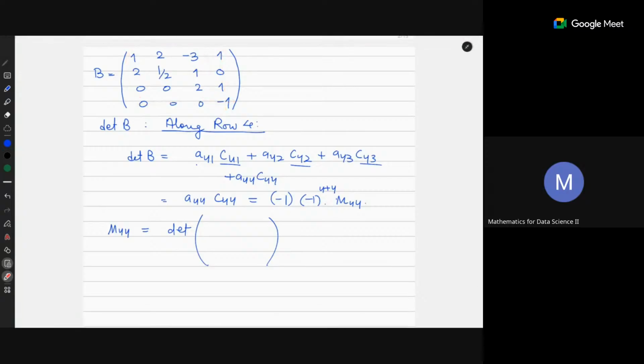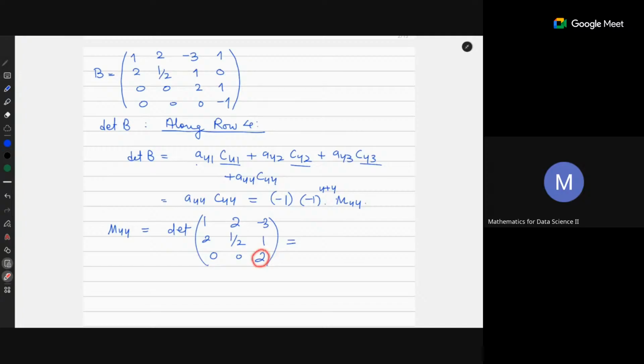Now what is the determinant of this matrix? It is 1, 2, minus 3, 2, half, 1, 0, 0, 2. So what is the determinant of this? Again you can find the determinant of this by expanding along the third row, because in the third row there are two entries which are 0, so you don't need to calculate the cofactors corresponding to them.